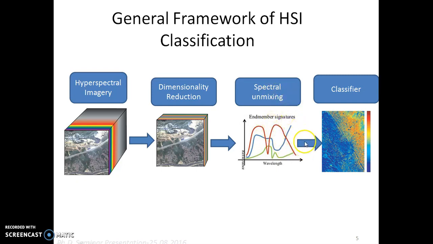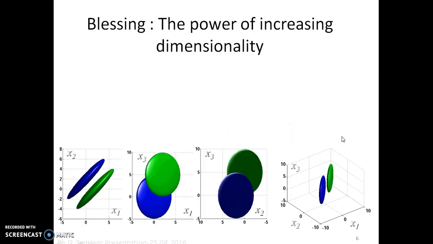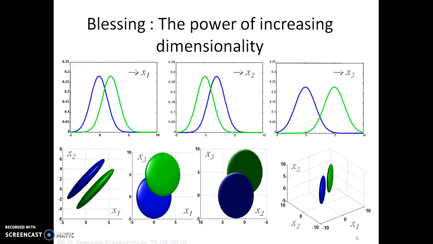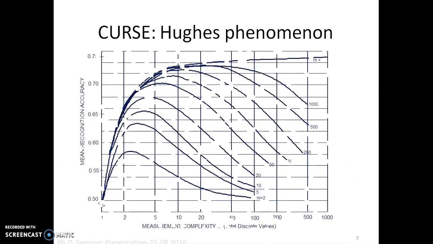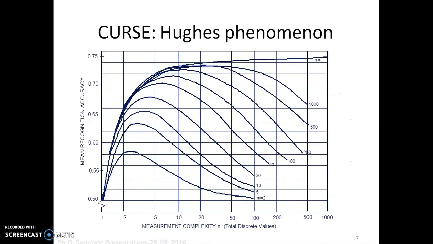That is the process of unmixing, and then the classifier does the classification to turn spectral classes into information classes. This is the blessing of increasing dimensionality: the separation between the two different classes is very clear when you go for higher spectra.